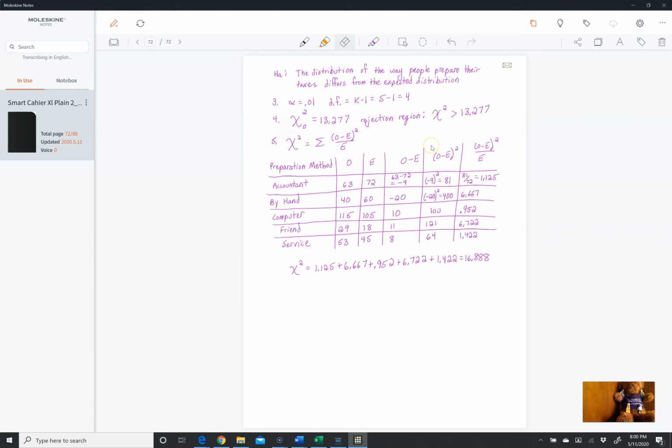Now we're going to see if it's in the rejection region. So it is. 16.888 is greater than 13.277. So we're in the rejection region. Meaning we reject the null hypothesis.